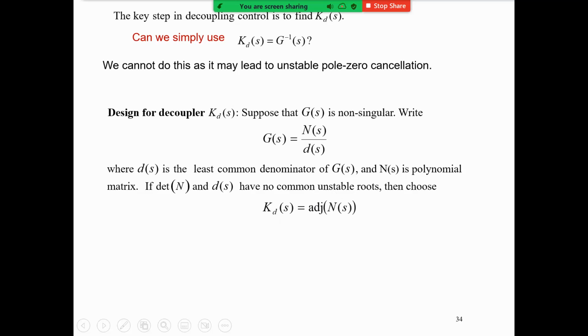They have no denominators because matrix N has no denominators. So normally your KD will not be proper. Okay, and then this will be the result from the decoupler. I would say we have a very simple form for the decoupler result.